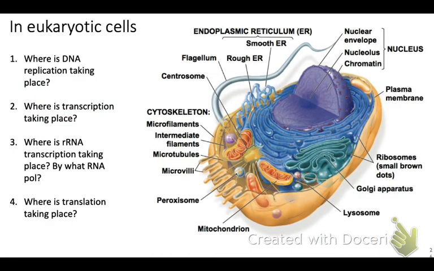In eukaryotes, though, DNA replication takes place in the nucleus, as does transcription. But translation happens in the cytosol. The cytosol is where we find all of our ribosomes. And so there has to be something different that happens here.